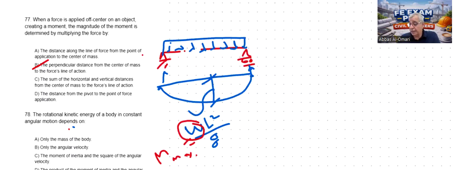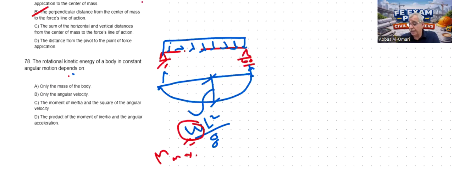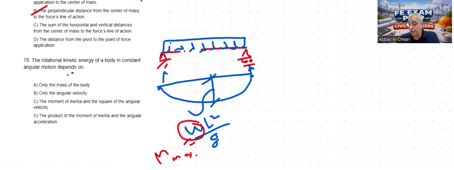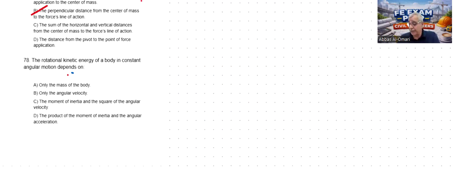The rotational kinetic energy of a body in constant angular motion depends on... Now this is about kinetic energy, so let me write the definition. If an object is in angular motion, rotational motion, we want to find an expression for its kinetic energy.